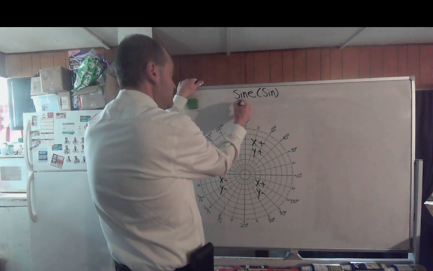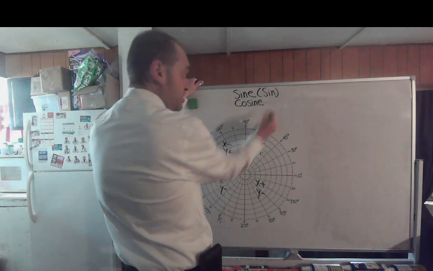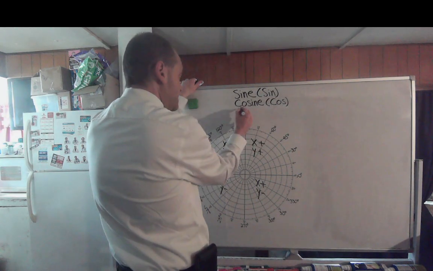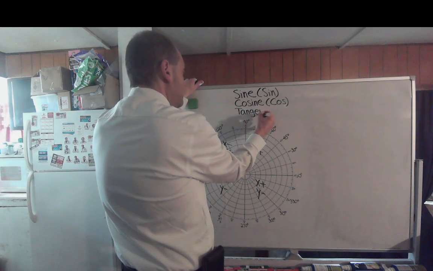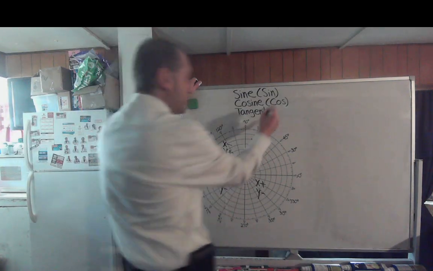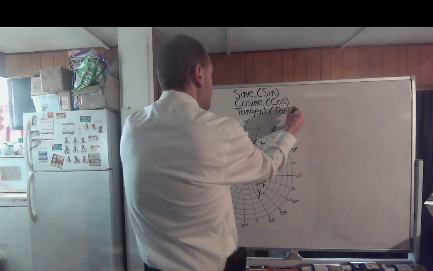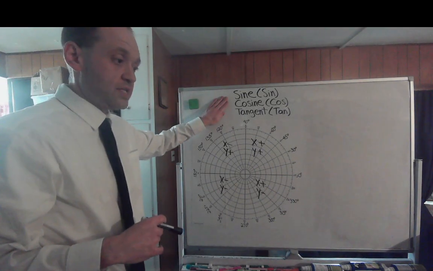We have the cosine, which is abbreviated as the cos. We have the tangent. So from geometry, when you took a geometry course, you were probably very familiar with these. These are the three you're probably most familiar with, the sine, cosine, and tangent.